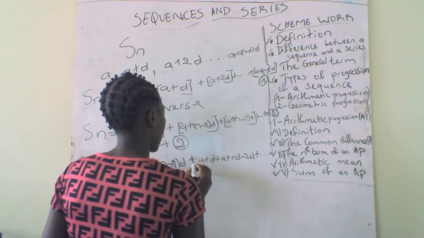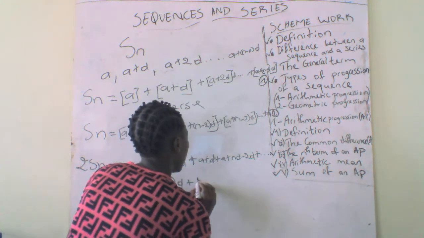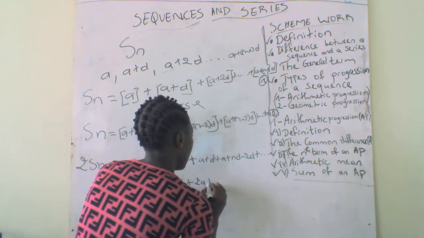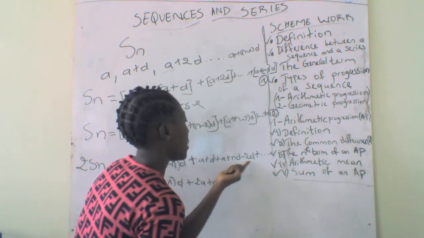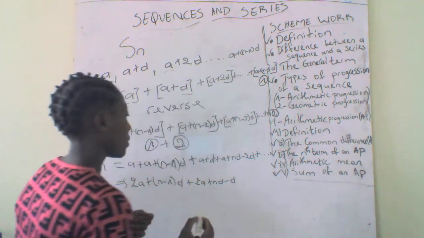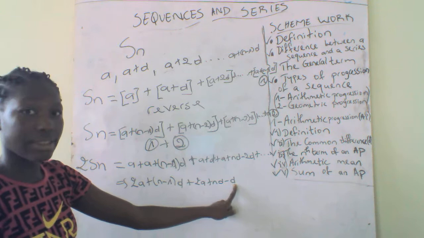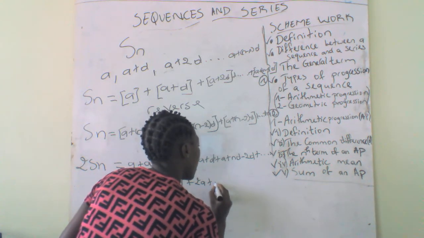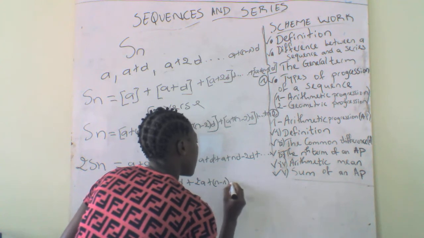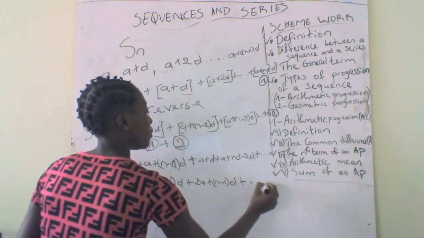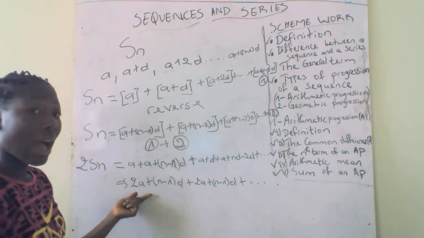You see that it gives you A plus A, which is 2A, plus nD, and D minus 2D gives us minus D. So since D is common, you can then factor out and have (n minus 1)D. If you continue adding, you will see that you have this very answer.